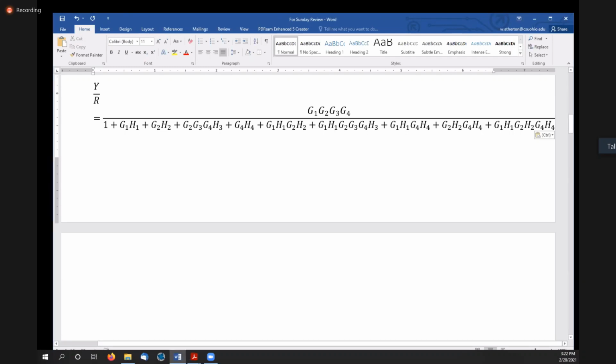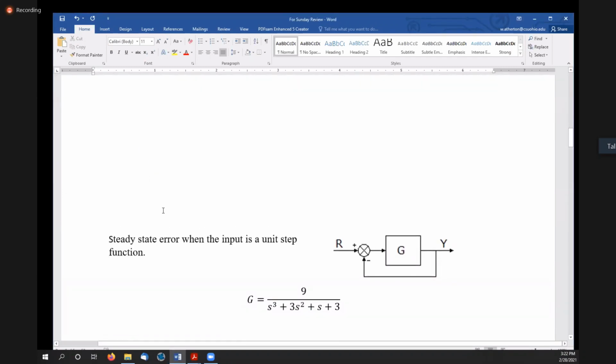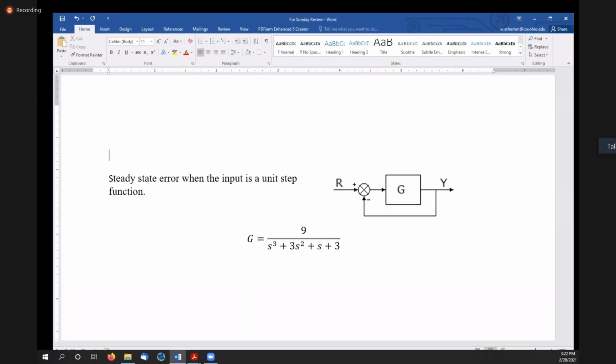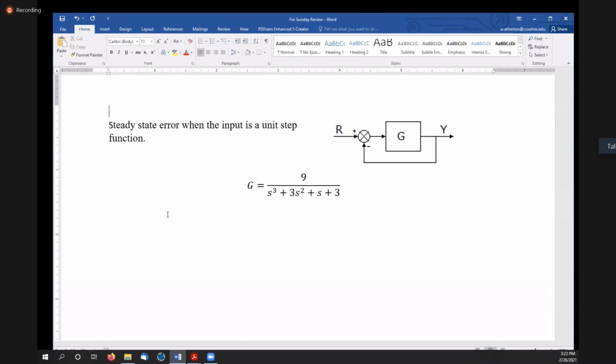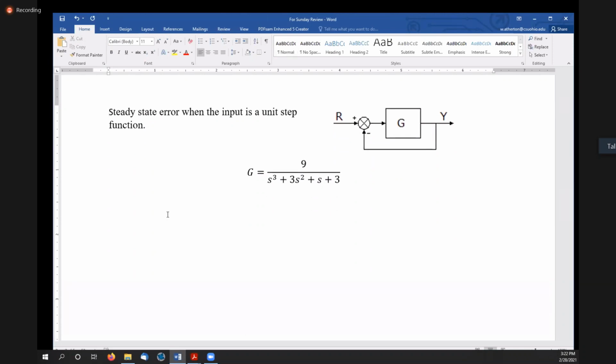Do not know what's going on here. It starts and it stops. Okay, so it's not going to work. All right, moving right along. I don't know if I want to type all this stuff up.